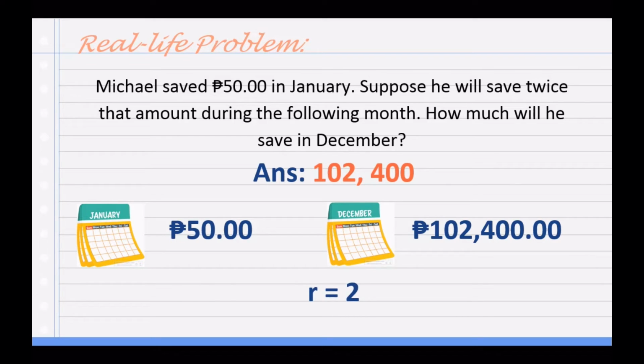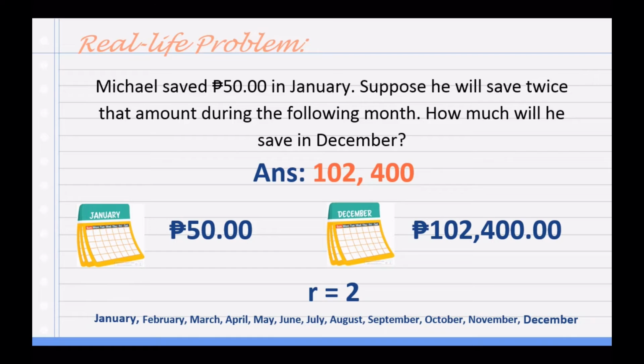And on this problem, we know our ratio is 2 since the amount will be twice during the following month. And we also know that the months in between January and December are February, March, April, May, June, July, August, September, October, and November. Therefore, the amount in January will be our first term, and the amount in December will be our last term, and the months between January and December would be our geometric means.